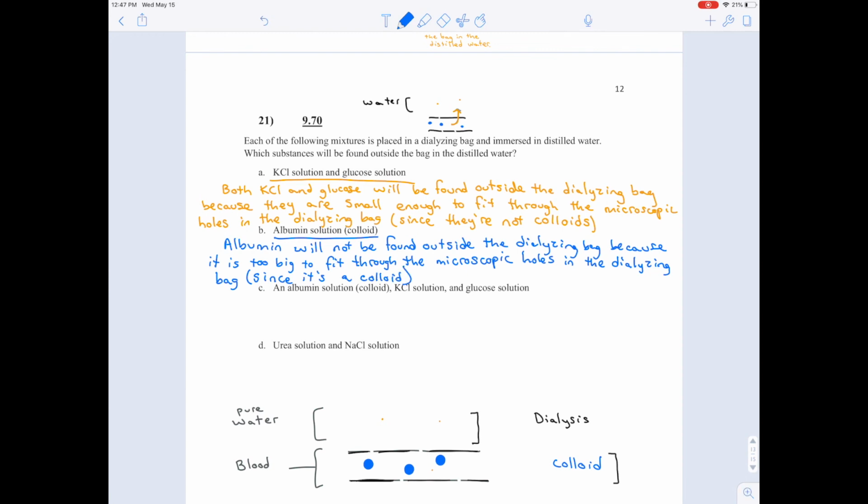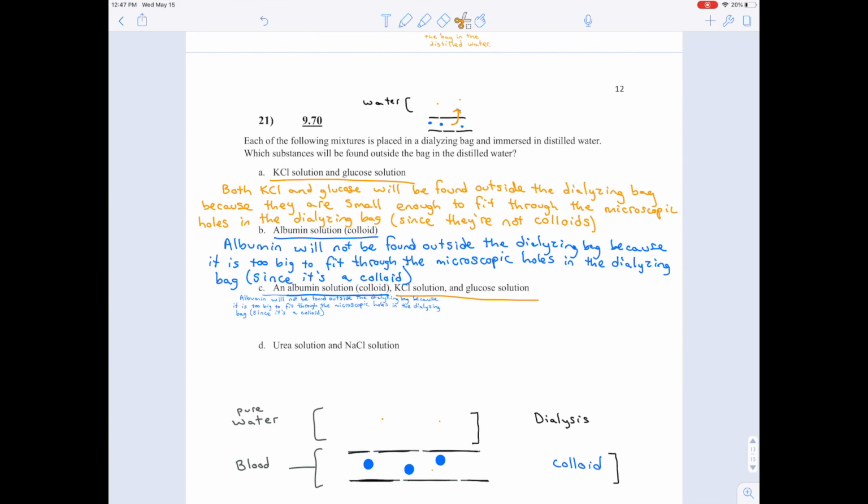Okay, for C. C says an albumin solution, which, because they know it's a colloid, will be too big, a KCl solution, and a glucose solution. So if you had all three of those together, well, we saw each of those individually in the previous problems. So the first thing we know is that the albumin will not be found outside of the dialyzing bag.